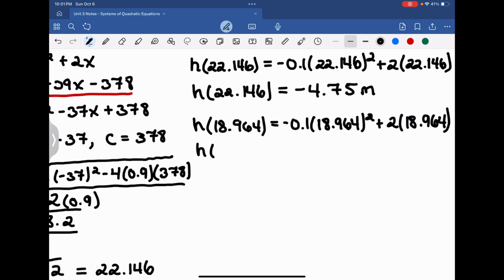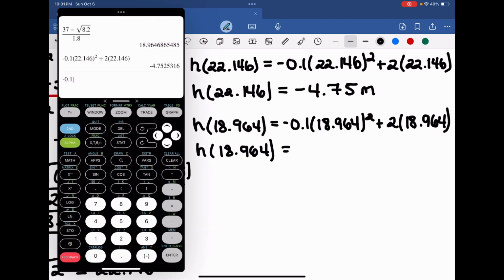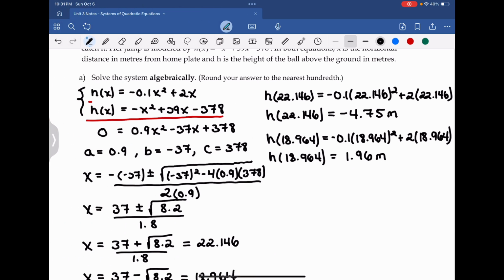This gives us a distance of 18.964 where the height is. In this equation, we're just going to type in 0.1 times 18.964 all squared. We're going to then add 2 times the 18.964, close the bracket, and we get 1.96 meters. Awesome. Okay, here are the two possible solutions that we got.